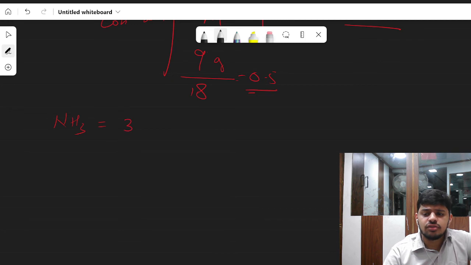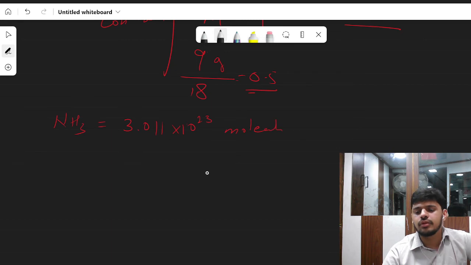I have 3.011 multiplied by 10 to the power 23 molecules of ammonia. This is given. Okay. First, question number 1: tell me what will be the number of moles. And question number 2: what will be the mass. First, we will solve for the number of moles.